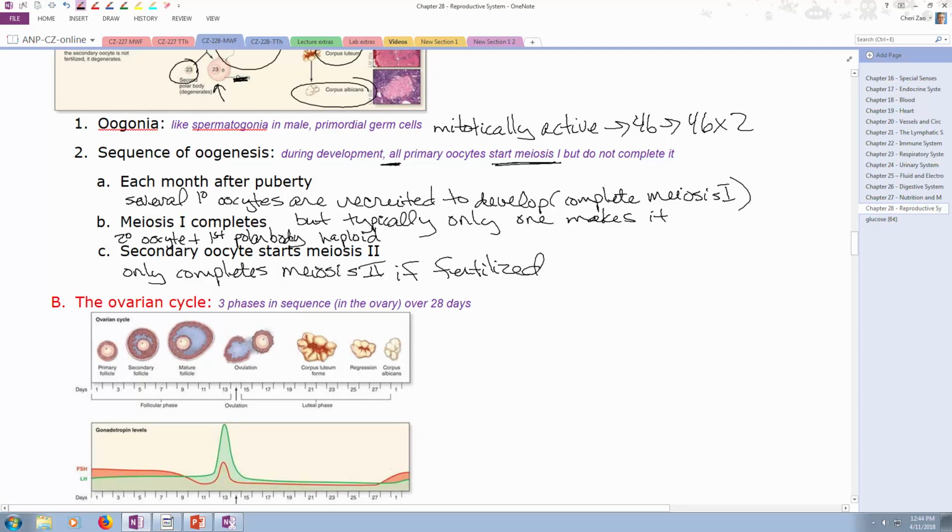So if it's not fertilized, we just have a secondary oocyte that wanders its way down the uterine tube into the uterine cavity and just waits until next menses and is sloughed and lost.